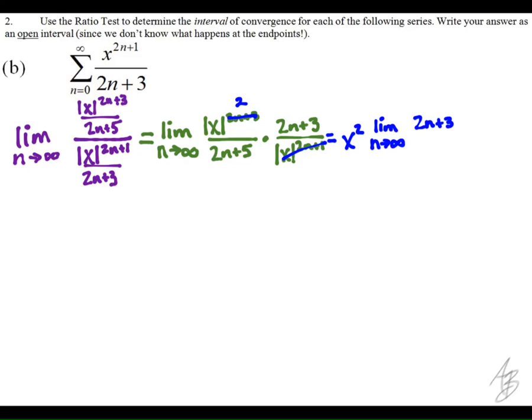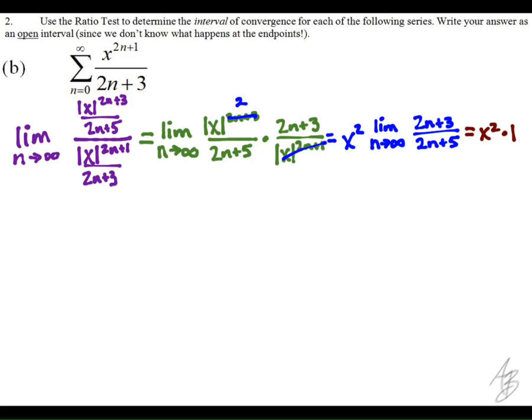So we end up with x squared times the limit as n approaches infinity of 2n plus 3 over 2n plus 5. We're able to drop the absolute values here because regardless of whether x is positive or negative, if we were to square it, it would be positive. And so the absolute value here is not necessary. We could use L'Hopital's rule or algebraic manipulation to show this limit is going to be 1.